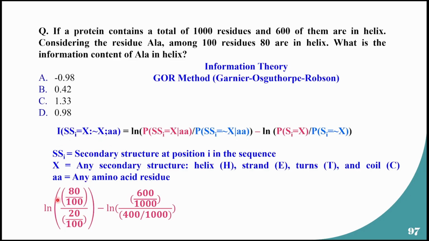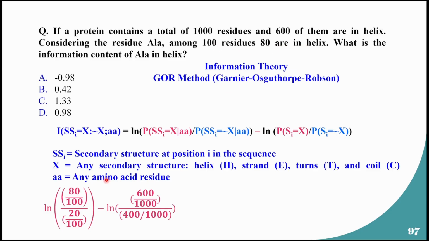So here again, you have to calculate a couple of fractions. One is how many of this particular residue is present in the secondary structure. You divide that by the total number of residues in this case, I guess. So for example, here it is saying for alanine among 100 residues, 80 are present in helix.